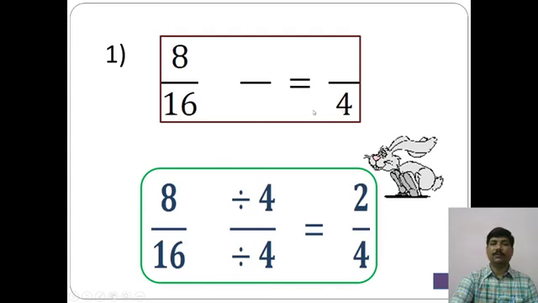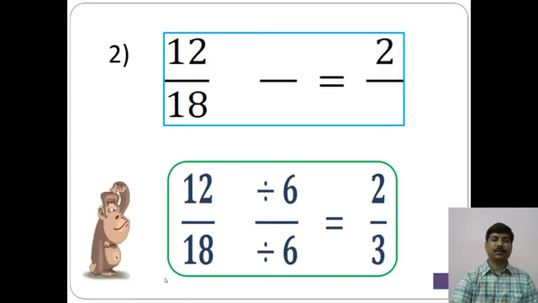So how will we get 4 from 16? By dividing. So by which number? By 4. So this number will be divided by 4. 16 divided by 4, we are getting 4. Now 8 divided by 4, we are getting 2. So the new fraction will be 2 by 4. In this way, you can find the equivalent fraction.